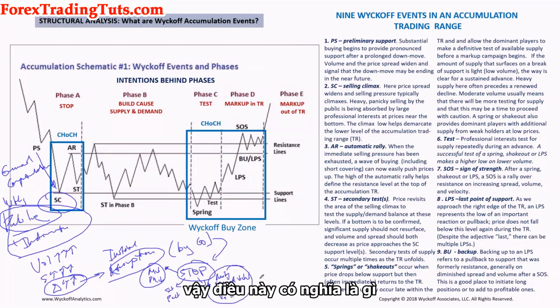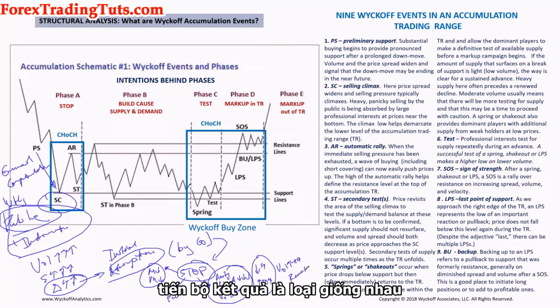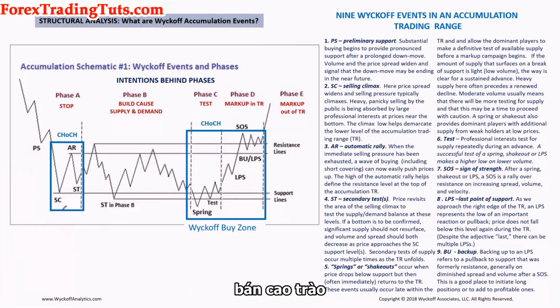So what does it mean? That means there is a force that pushes the price down, and there is a force that pushes the price up. Supply and demand increase at the same time, the volume signature increases dramatically, but yet there is no progress. The result is kind of the same. So that is stopping action. And then, with another increase in demand, you could start seeing the price not just stopping, but start moving up. So that's the whole process behind the selling climax.